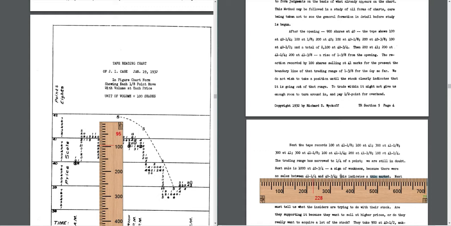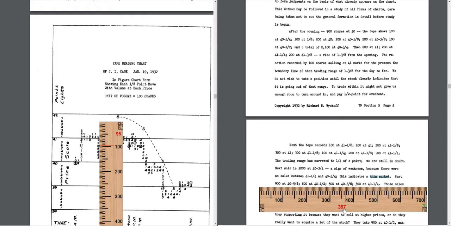The best way I can explain is to imagine you have a range tightening and then you have a big bar. That big bar expresses ease of movement. On which side? The downside. That ease of movement, with the wide range and multiple prices that didn't get traded, and then all of a sudden a lot of trade as it breaks down, is a sign of weakness. This indicates a thin market.